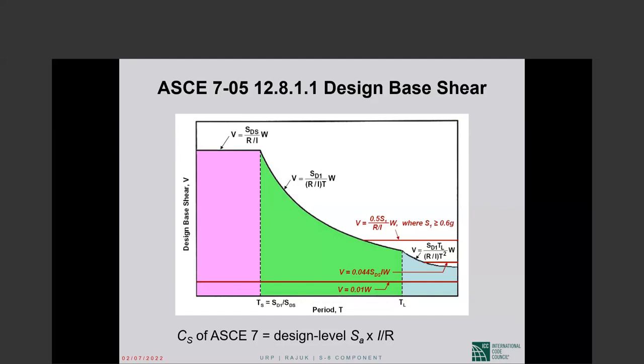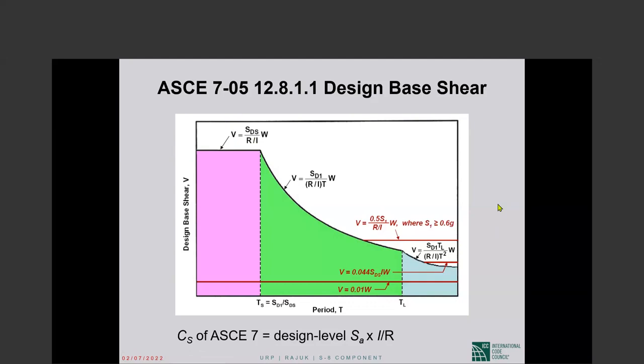Modifications number 2 and 3: we lower the elastic spectrum by the response modification factor R, and at the same time raise it by the importance factor I. That is the division by R over I that you see in the picture. Those are steps 2 and 3.